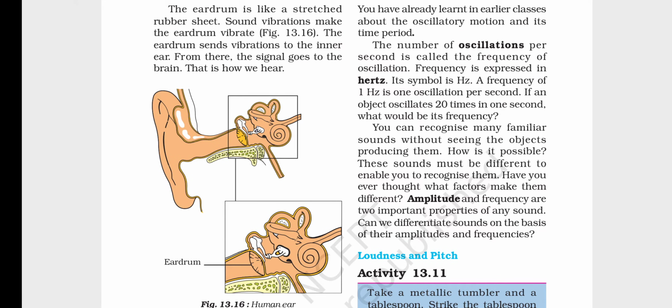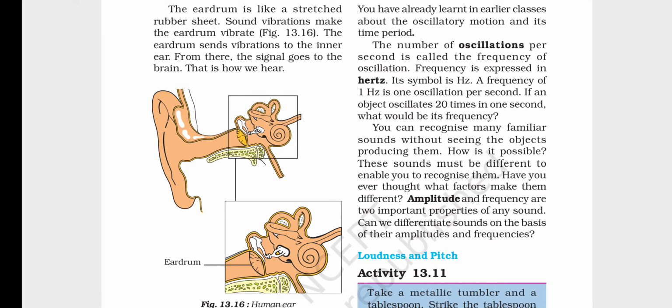See, try to understand this. This is a very important definition. You have to learn it by heart and do the questions related to this definition, that is frequency. The number of oscillations per second.